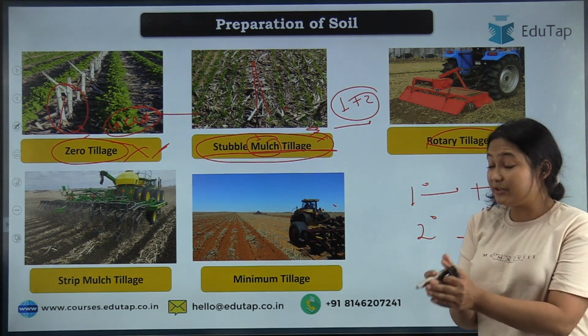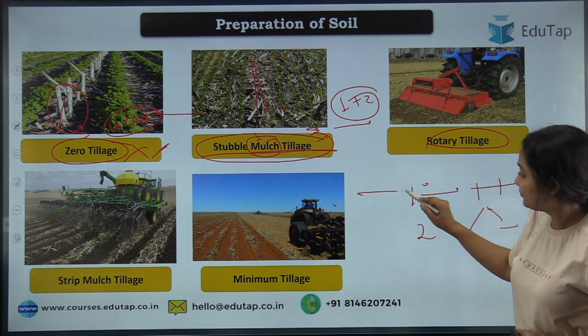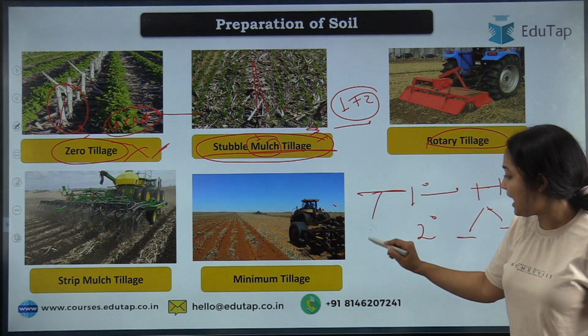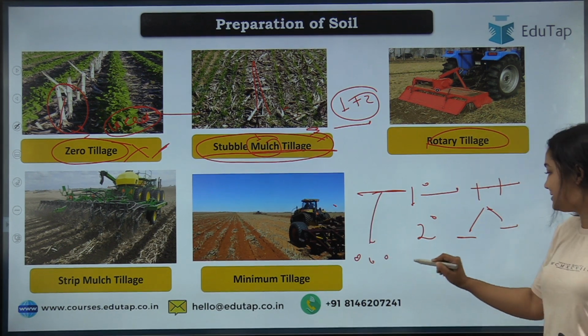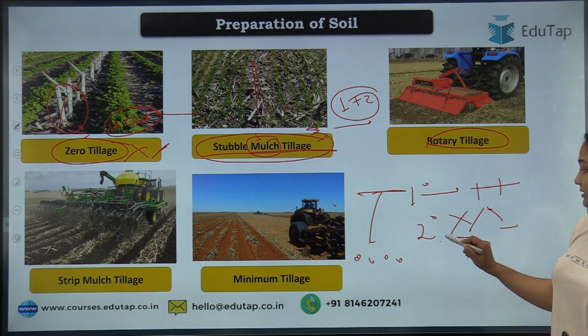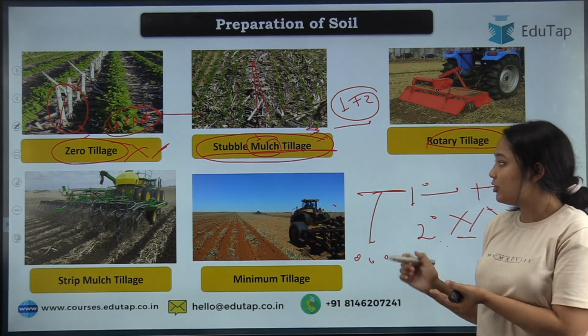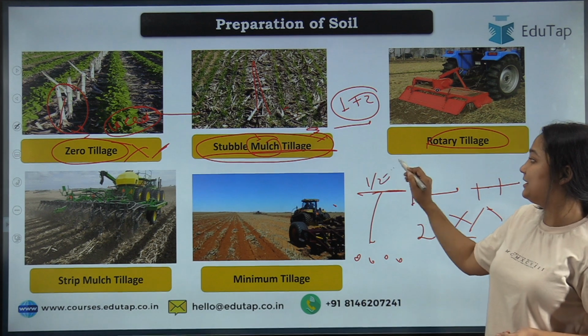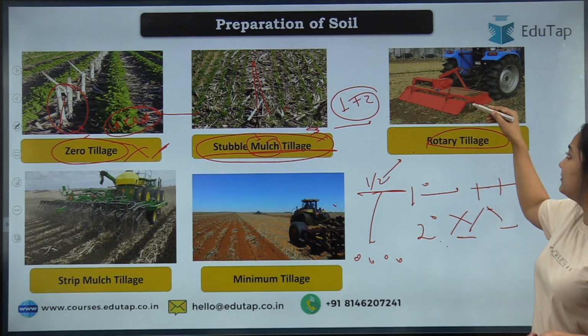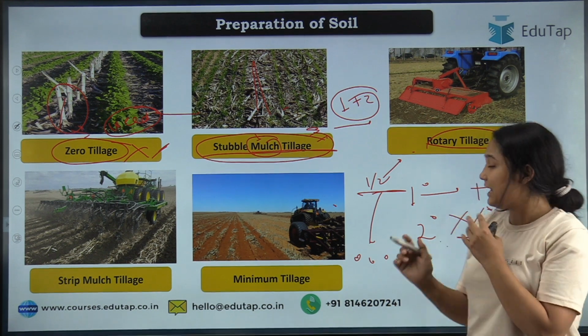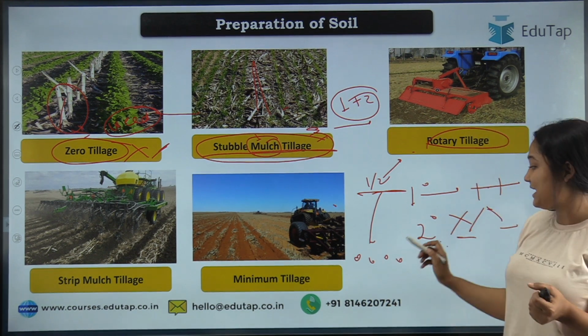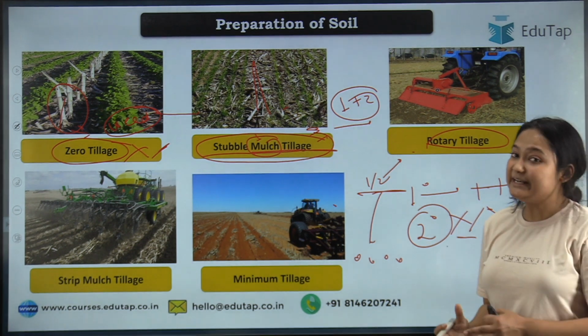But in this process, we directly break this hard surface into small particles. It means secondary tillage will not be required, or the primary and secondary tillage will be done together. So it will absorb the soil, rotate it and pulverize it, and our soil particles will be as good as they would have been after secondary tillage.